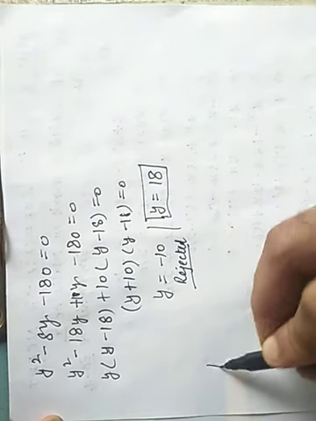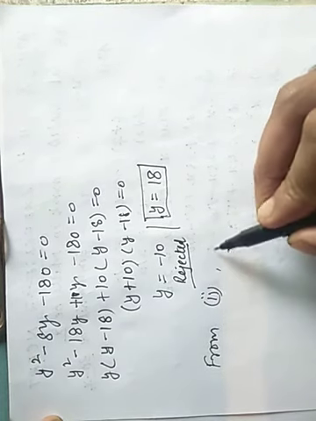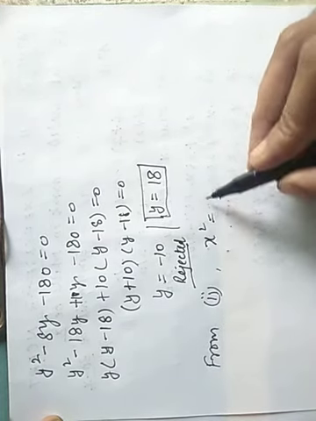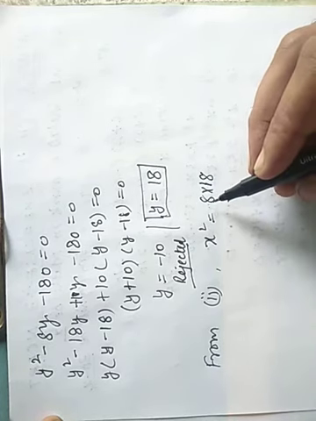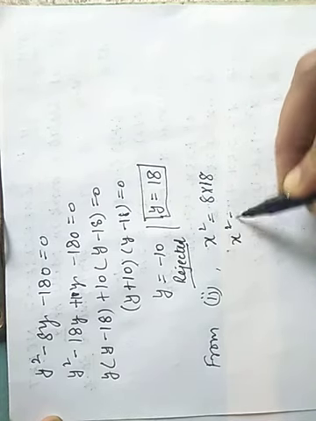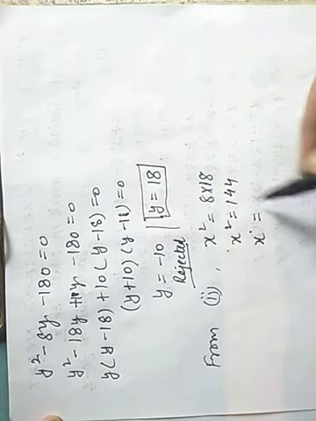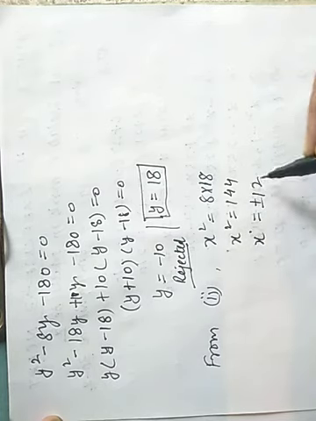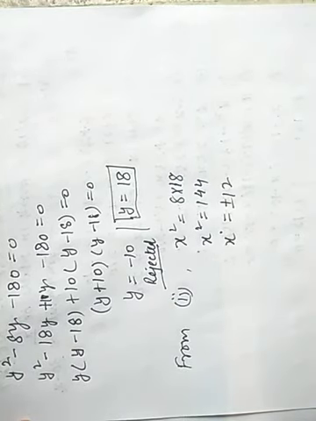So from the second equation, we have x square is equal to 8y, 8 into 18 is 144. x square is equal to 144, and we can find the value of x by taking the square root of this side. We will get plus minus 12.